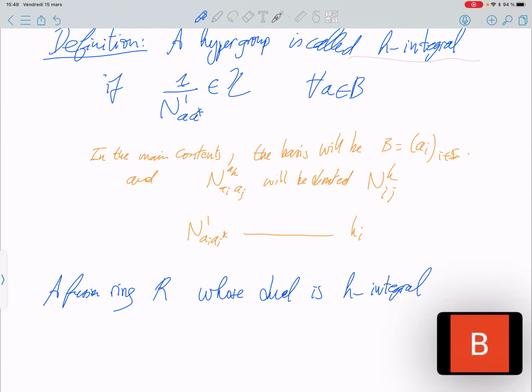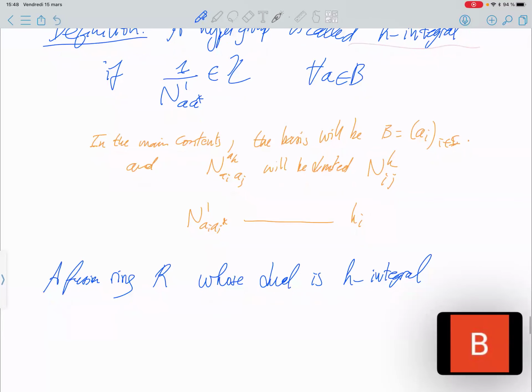So correct what I said before: when I said H integral, it is the dual that is H integral.